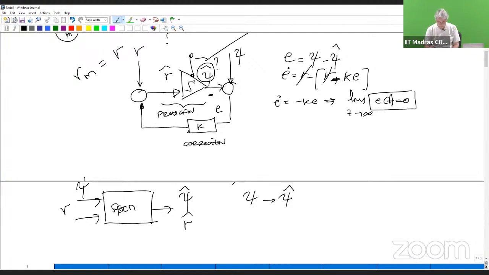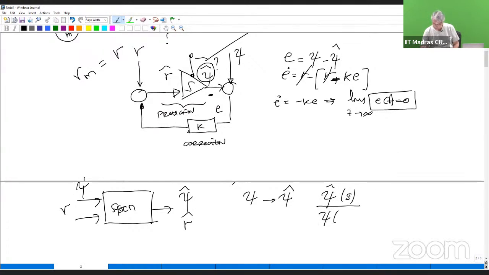If you do some simple computations, and I'm not going to repeat this here, if you go through this cycle and look at the relationship between psi and psi hat, you get psi hat. I don't know if you are familiar with transfer functions and Laplace transforms.